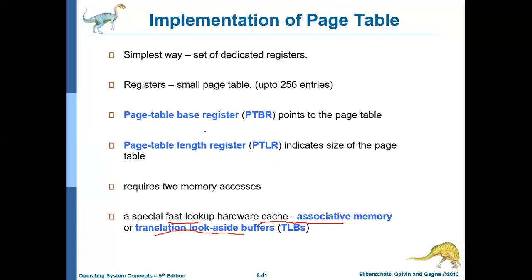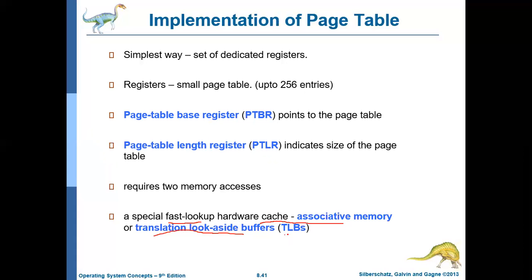So there are two memory accesses, which create time delay, and this kind of delay is not tolerable when considering CPU resource utilization. So we go for the next technique, which suggests using the translation look aside buffer, TLB.